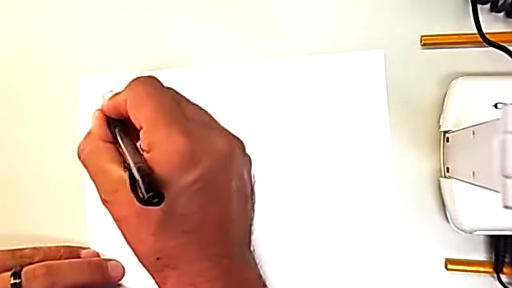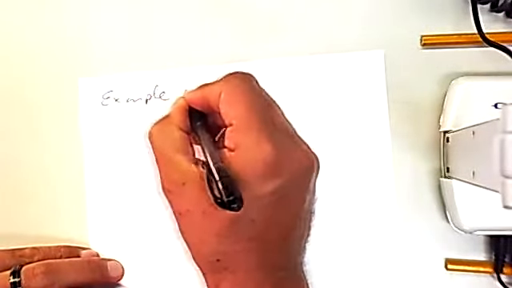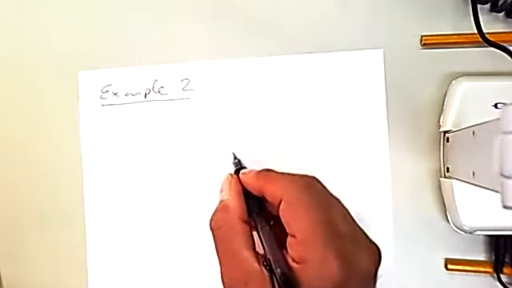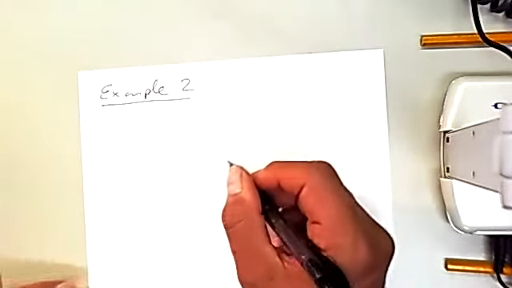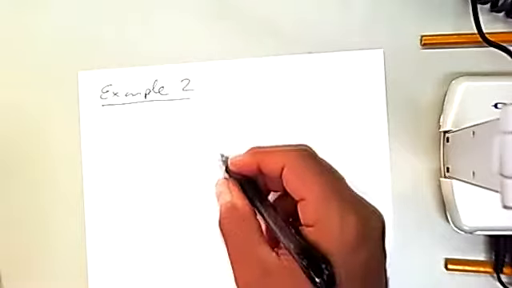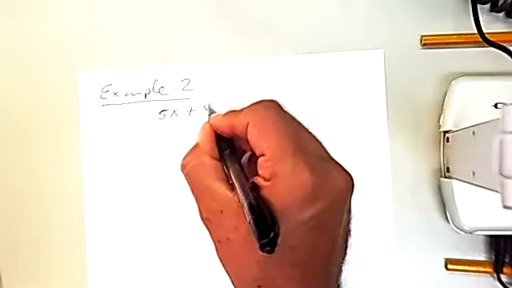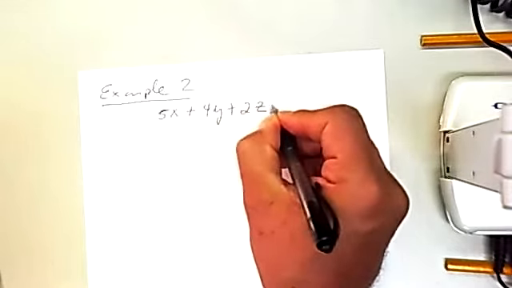Let's look at an example. Remember the plane we found. So let's do example 2. Let me give you some background. We found a plane with equation 5x plus 4y plus 2z equals 19.